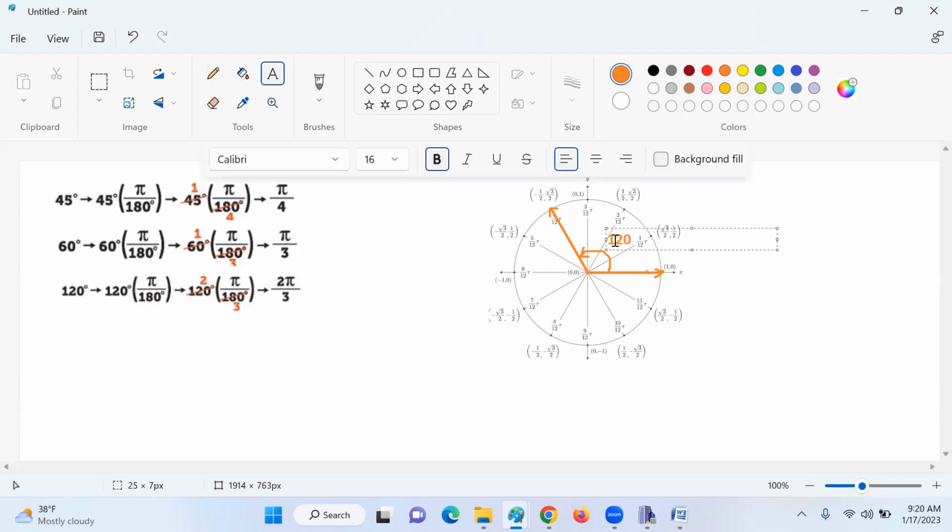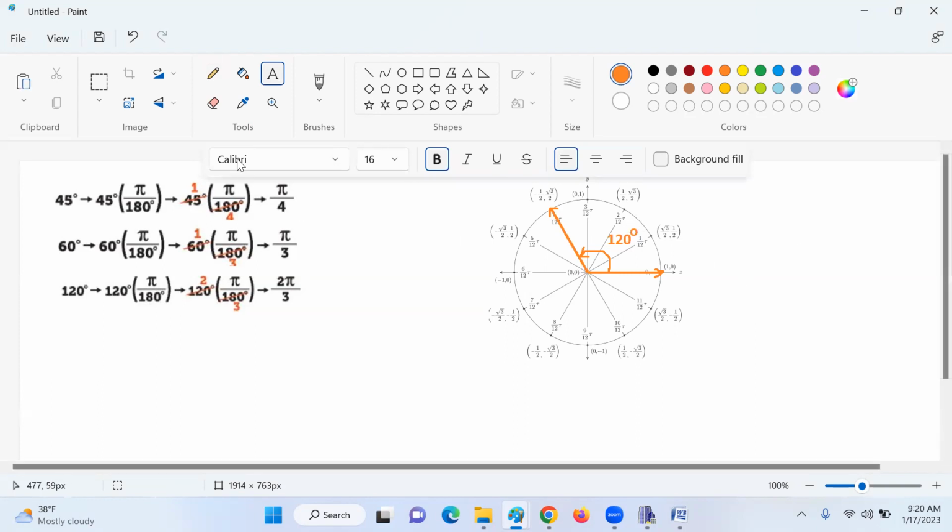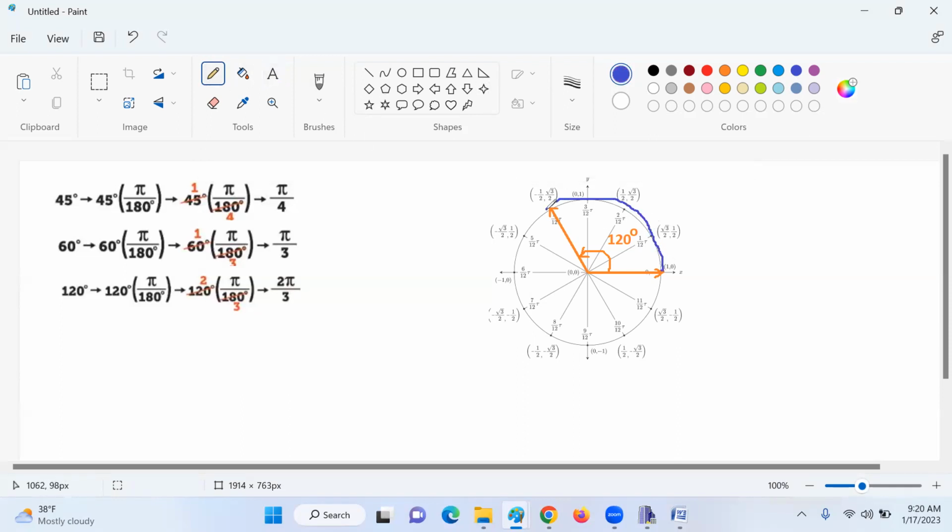This is 180 degrees, and then this is 2 pi over 3. Okay. So the 2 pi over 3 is simply the arc length that is going from the initial side up to this point. So if you ask me what it means by 2 pi over 3, we just measure the arc length right here. It means the same. So instead of using the degree, now we're using the arc length, the length of a circle.